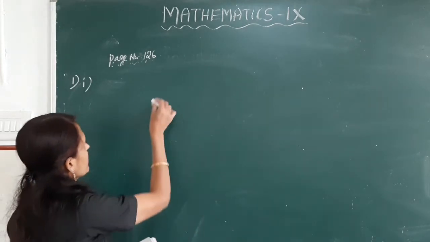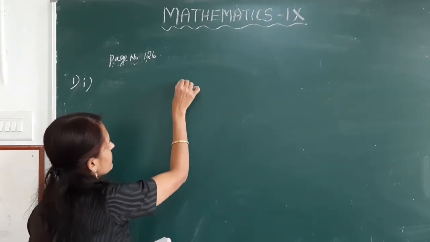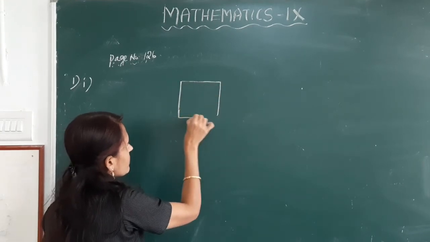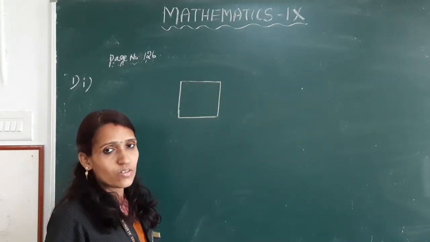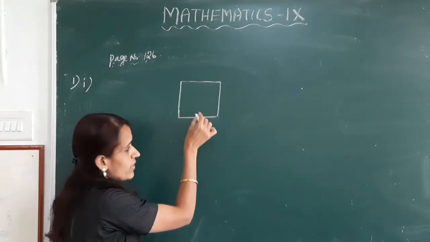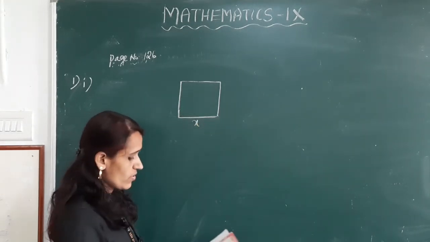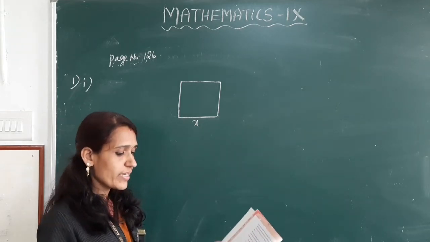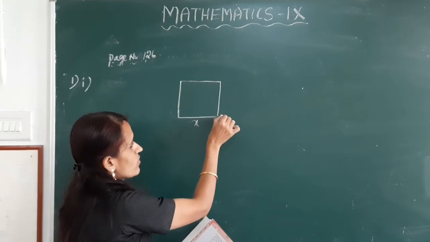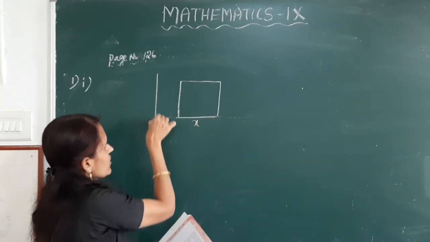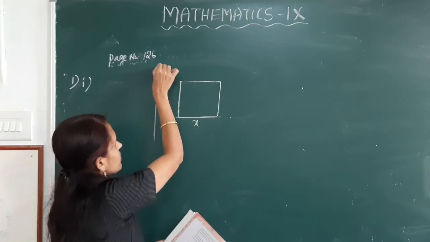So here it is a square ground. One side of the small square is taken as x. A 1 meter wide path goes around a square ground.